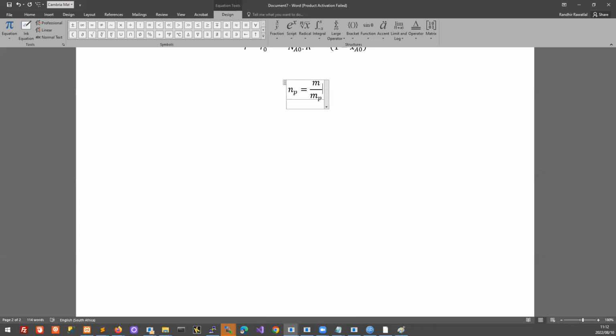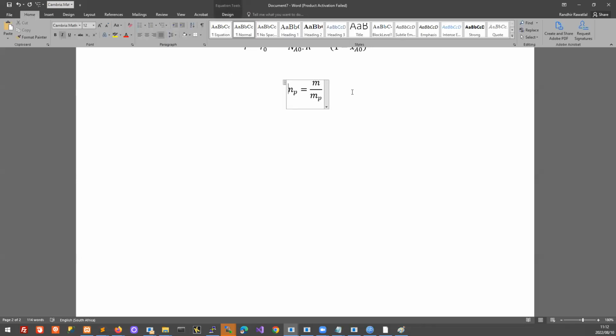Right, so this M in the numerator is the total mass in the container, and MP is the mass of one particle. So the mass divided by the mass of one particle, and each particle has density rho, and then the density times the volume of the particle.